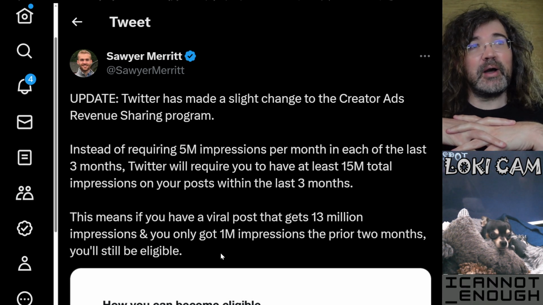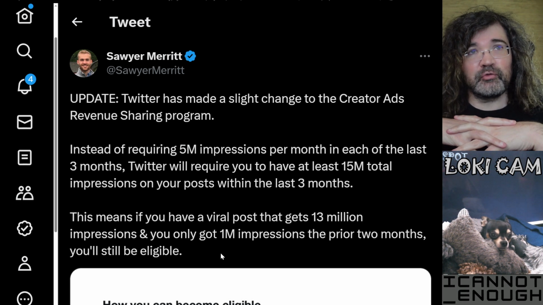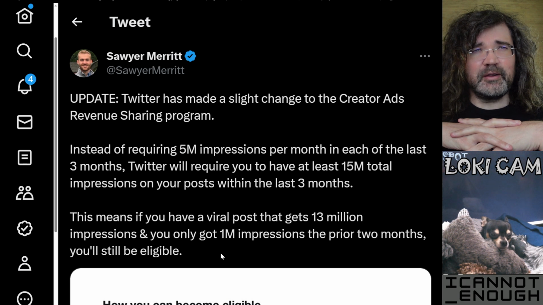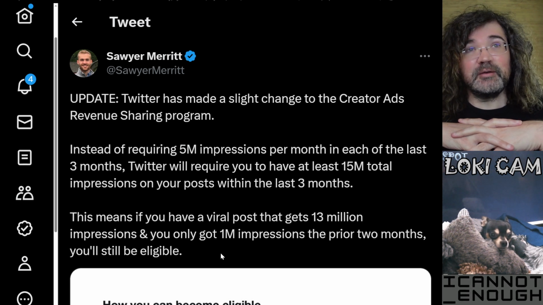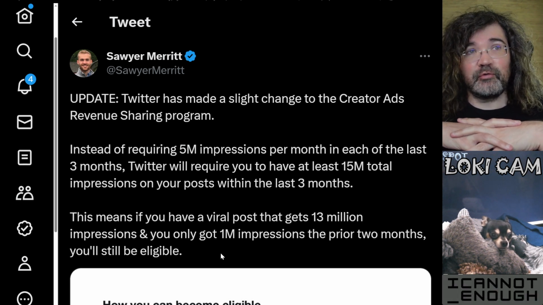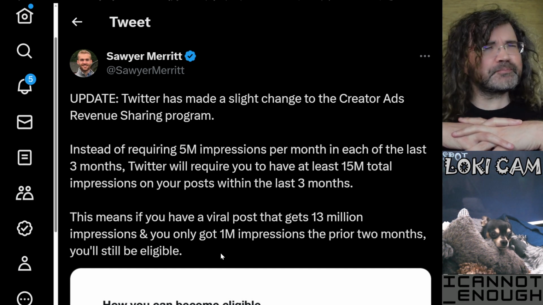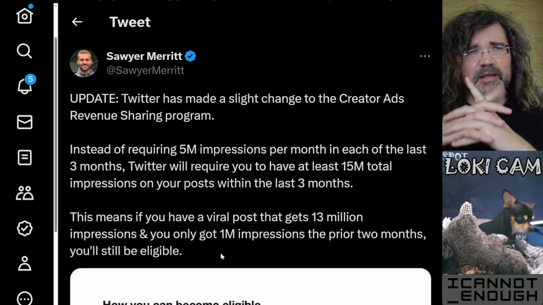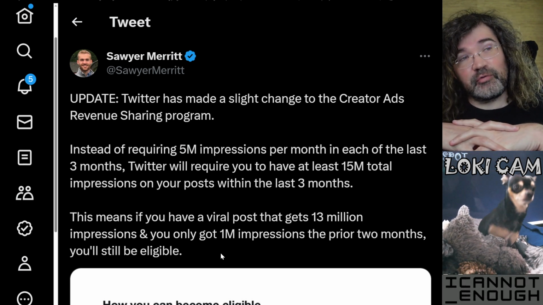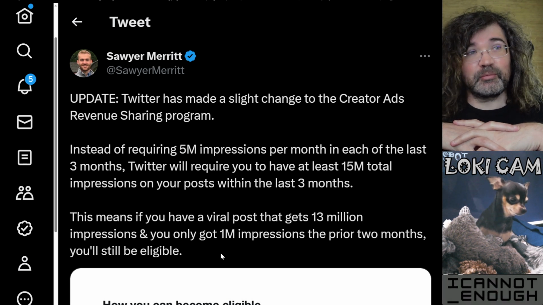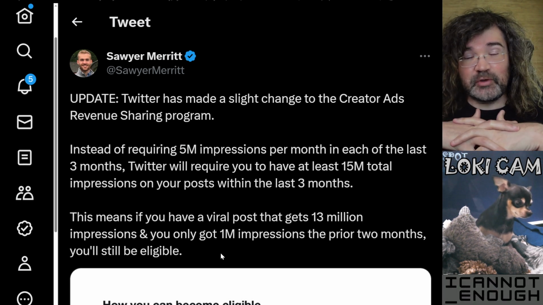Instead of requiring 5 million impressions per month in each of the last 3 months, Twitter will require you to have at least 15 million total impressions on your posts within the last 3 months. This means if you have a viral post that gets 13 million impressions and you only got 1 million impressions the prior 2 months, you're still eligible."